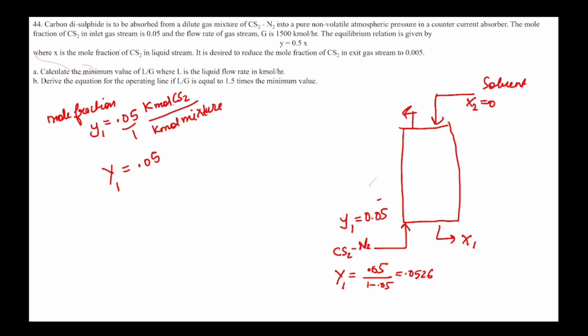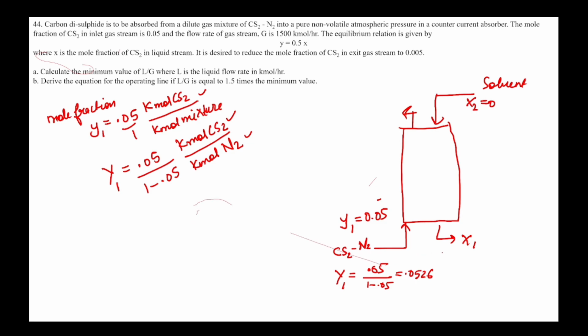So 0.05 kilomole of CS2 in 1 kilomole of mixture. From 1 kilomole of mixture, minus 0.05, it will remain only 0.95 kilomole of N2. This is the ratio of the two moles, component A to component B. This is the mole ratio, right?